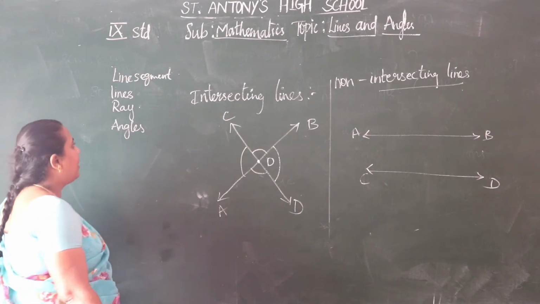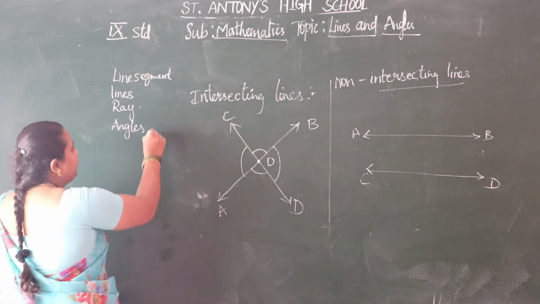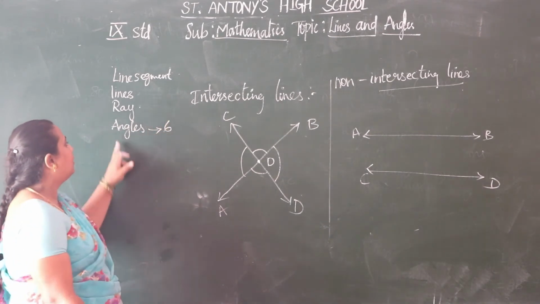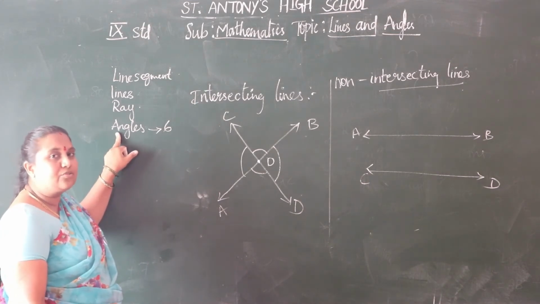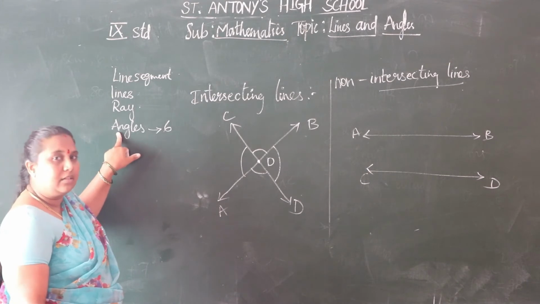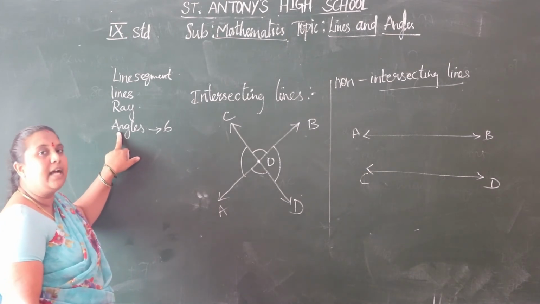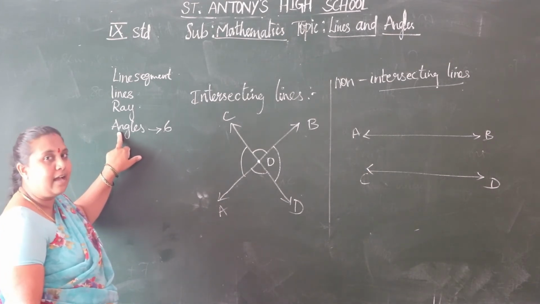We saw the types of angles, six types. What are those? Acute angle, obtuse angle, right angle, straight angle, reflex angle and complete angle. We saw the six angles.